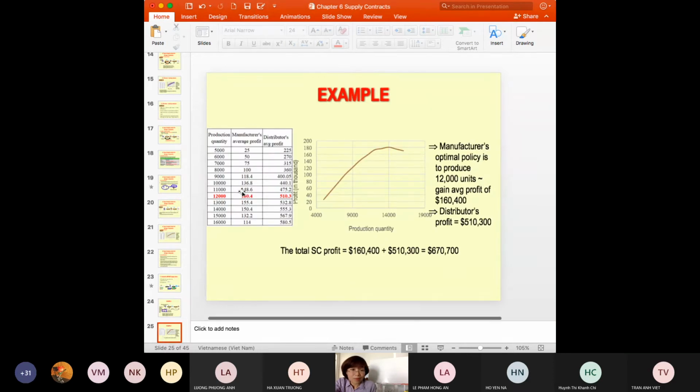So right now they try to find the product quantity.